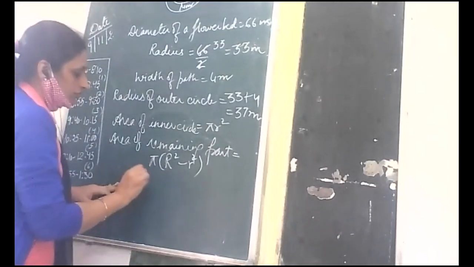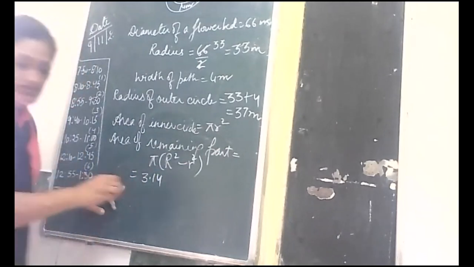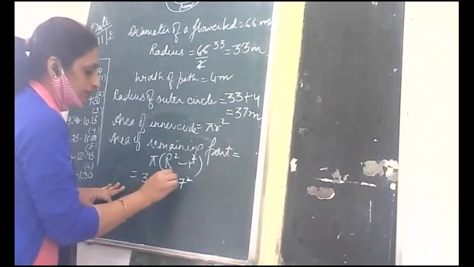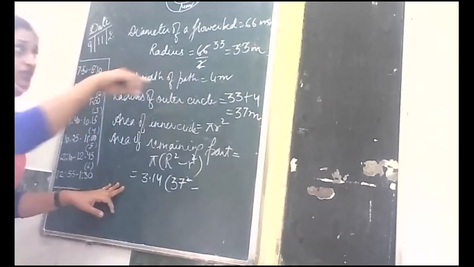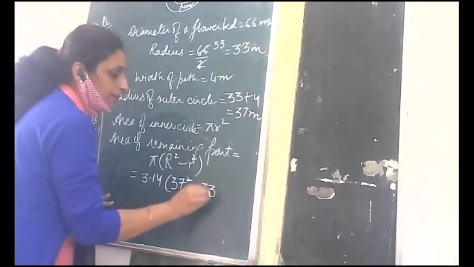So the value of pi is 3.14. Outer circle radius is 37. Inner radius is 33, beta. 4 meters is your path.